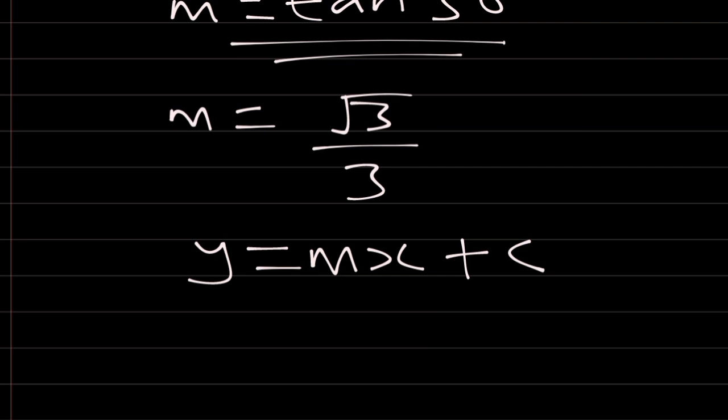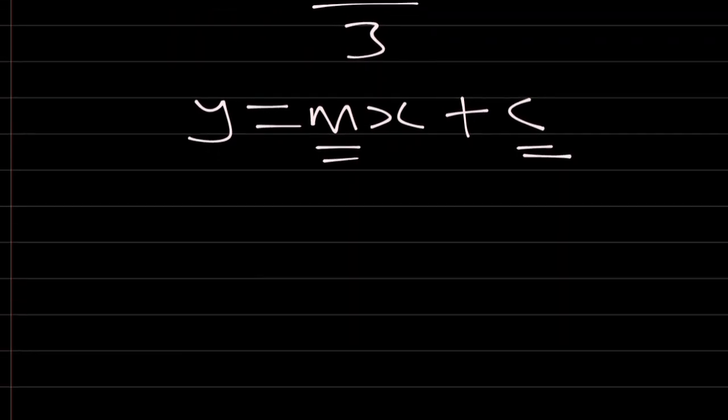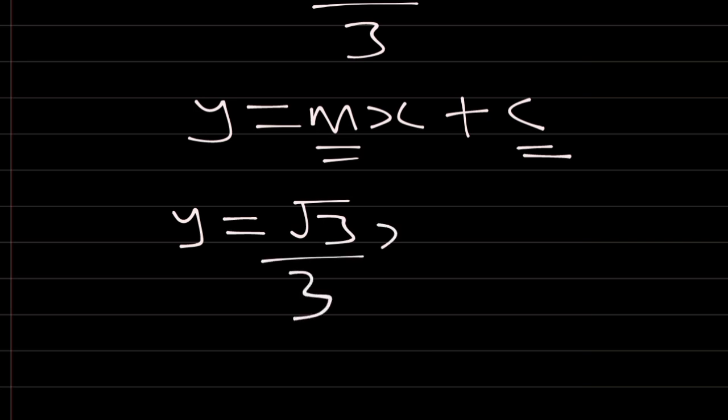The equation of a line is this, where c is the point where the line cuts the y-axis, the intercept on the y-axis, and m represents the slope. Therefore, I have y is equal to, my slope is root 3 over 3, and then x plus 5. This is the equation of the line.